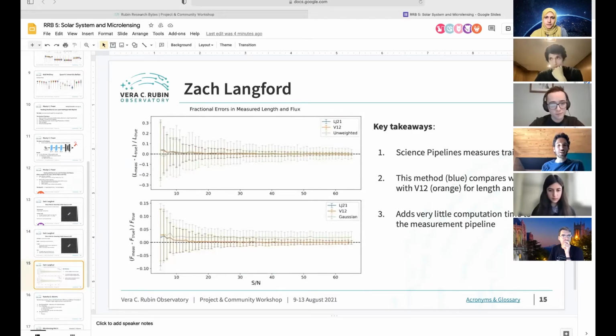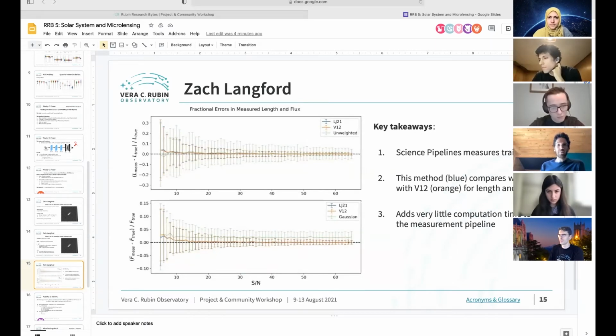These are some plots showing the fractional errors in the measurements versus signal to noise. This is kind of small to see, apologies. The top plot is the length errors, the bottom is the flux errors. The blue is our model, and the orange is the Vera model as a benchmark for seeing how well our model performs.